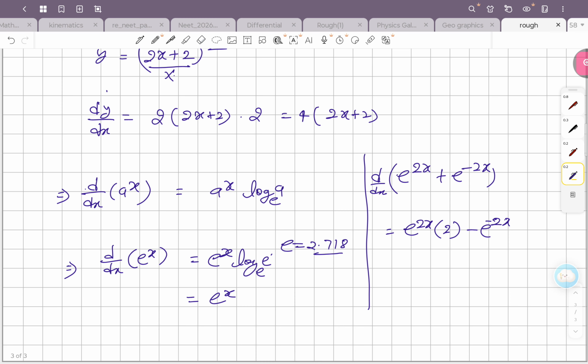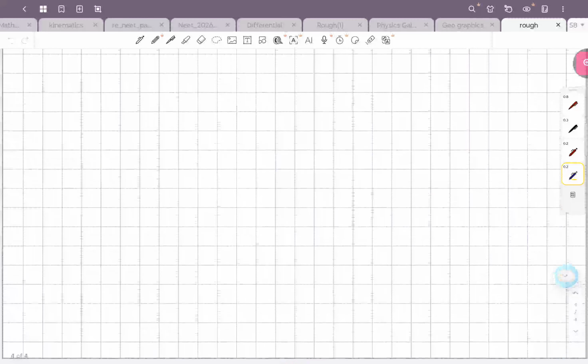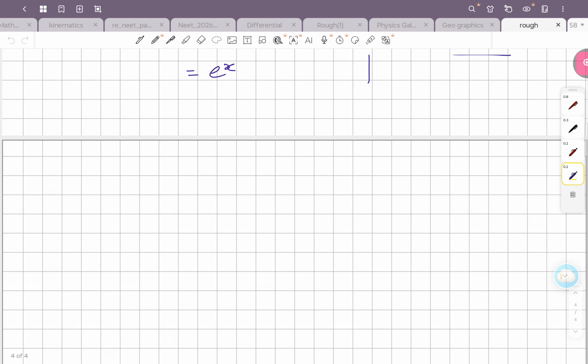So you can take the common 2 and write 2(e^(2x) − e^(−2x)). So this is the differentiation of exponential functions.